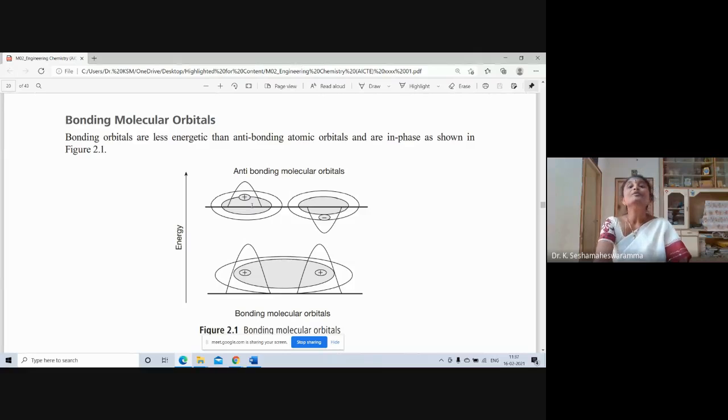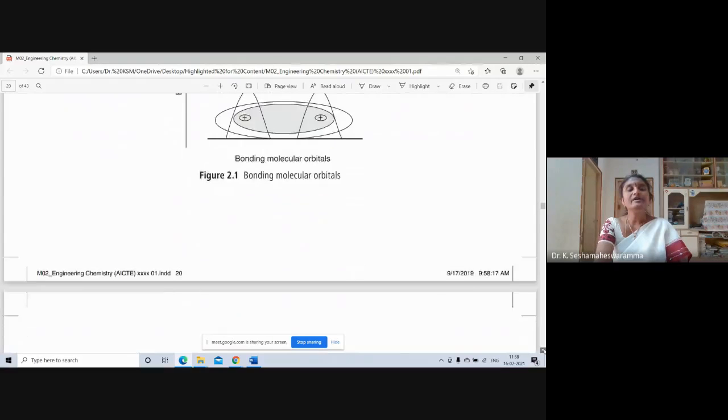But the node is where the phase changes from positive to negative. Here, this is the node, in between these two. It is represented as a node. Do you understand? Phase and node.